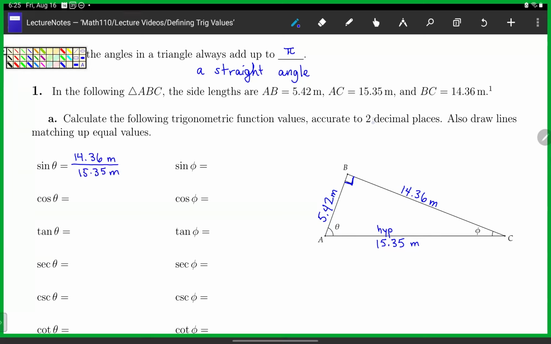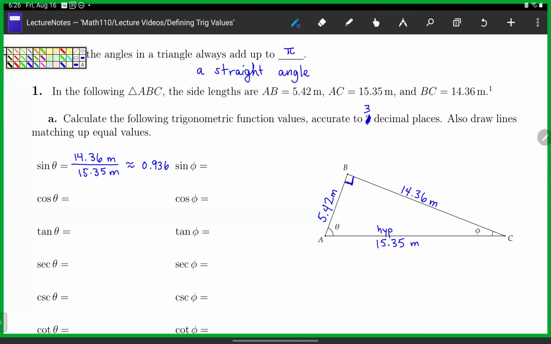And I think I decided I really wanted to change this to 3 decimal places for whatever reason. So when you divide this, you get approximately, I'm doing this calculation on the side, 0.936.